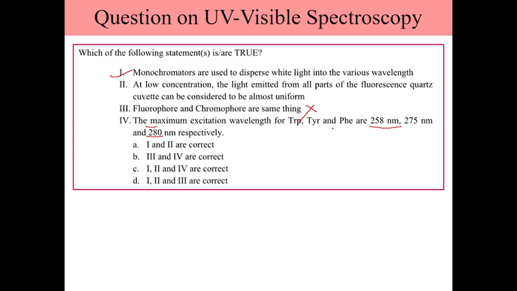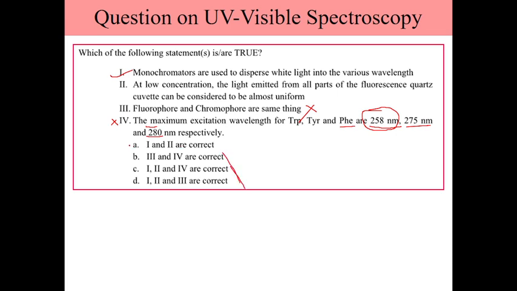For tyrosine it is 275, and it is around 260 or 265 for phenylalanine. So this order is not correct. That means this is also not correct, right? So your 3 and 4 are not correct. So any question that has 3 and 4 is not correct.